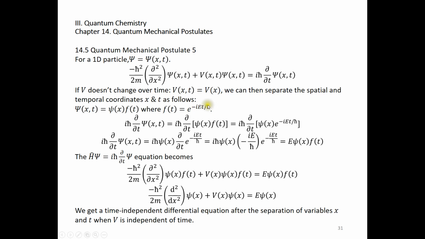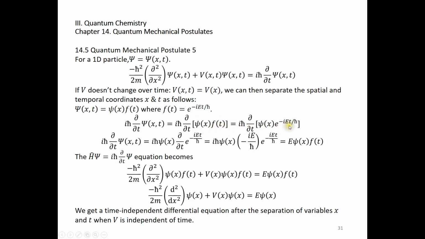Now let's verify this. If our guess makes sense, we need to apply this i h bar delta over delta t to psi. So it's this side. Now we express the uppercase psi as the product of the lowercase psi of variable x and then a function of t. So we're going to do this, and then we're trying to take the first derivative of psi of x and f of t.